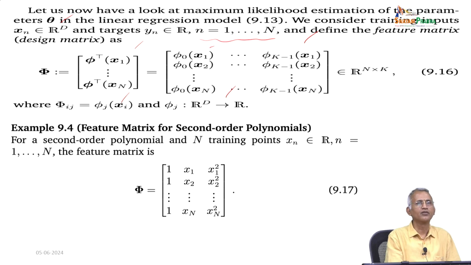Now, we are going to discuss one example, the feature matrix for second order polynomial. For second order polynomial, n training points xn in R, so n varies from 1 to n. So, the feature matrix is phi equal to 1 x1 x1 square, 1 x2 x2 square and so on, 1 xn xn square.